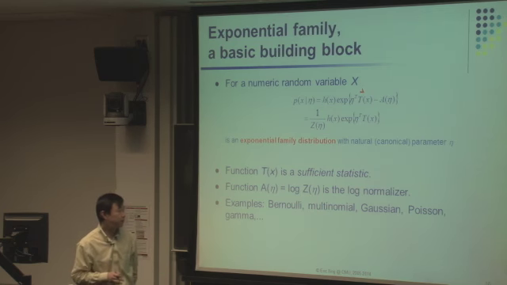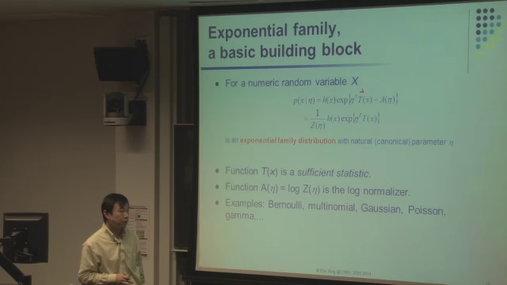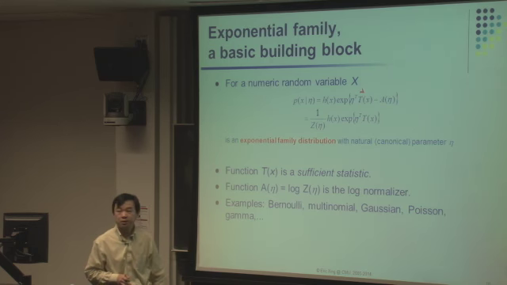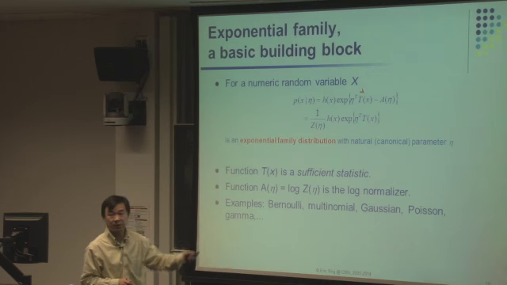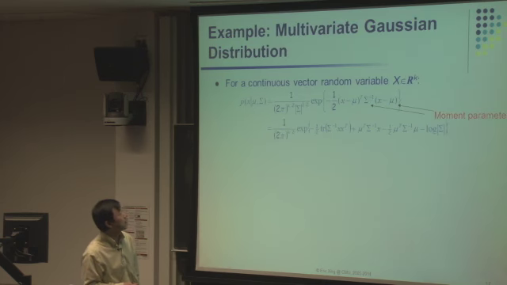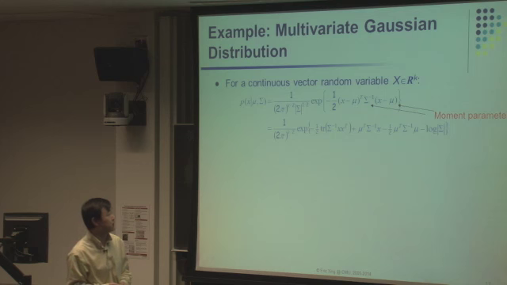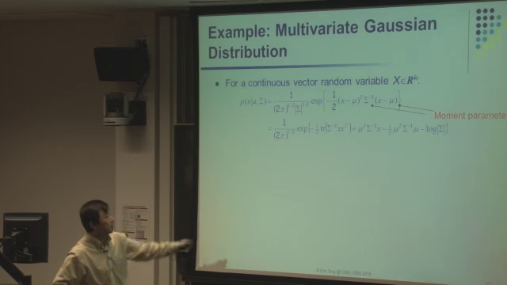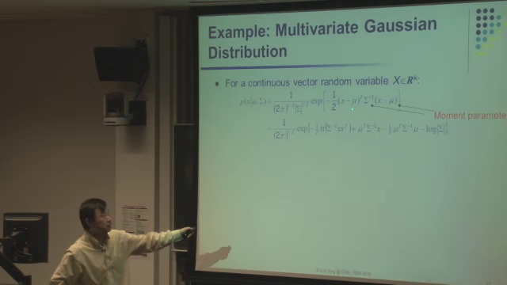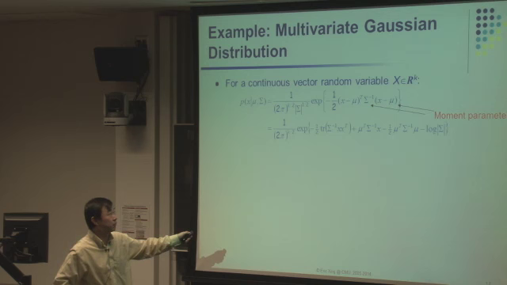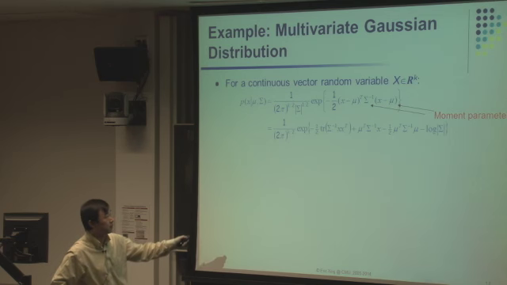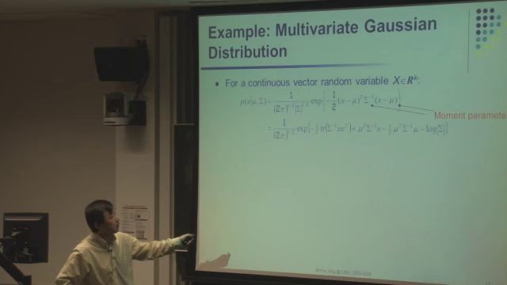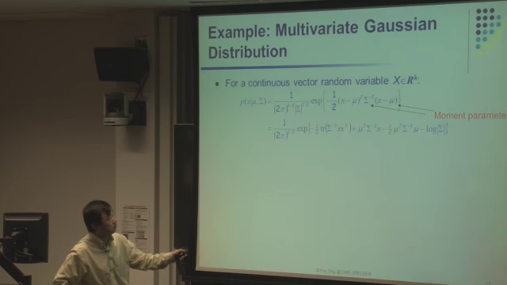Okay, so by definition. It turns out that this form is very general to the point that all these familiar distributions that you ran into before are special cases of this general form. Let's take a look at a few examples. Say this is a multivariate Gaussian distribution. Okay, and so usually we wrote Gaussian in this way, right? In a linear algebraic form, you have a dot product between the transformed residual on the mean, multiplied by an inverse covariance and then another residual.